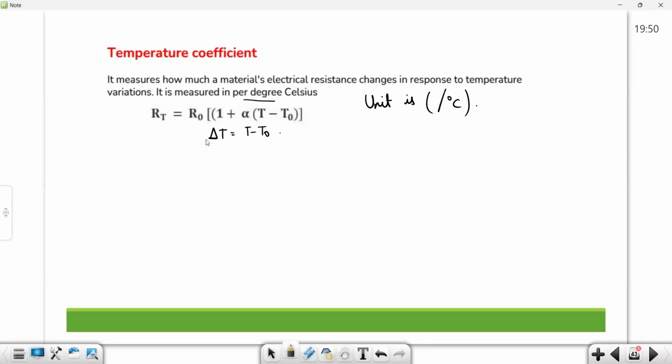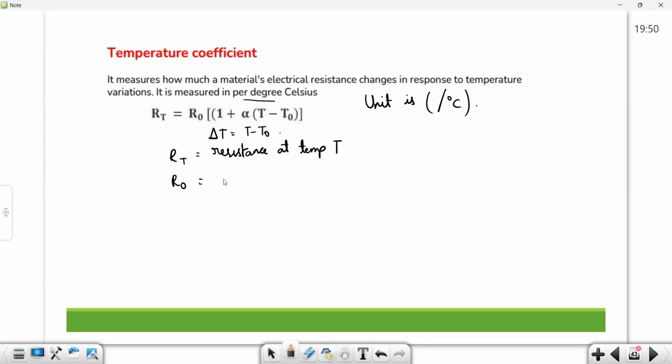R_T is equal to the resistance at temperature T. What is the value of R naught?